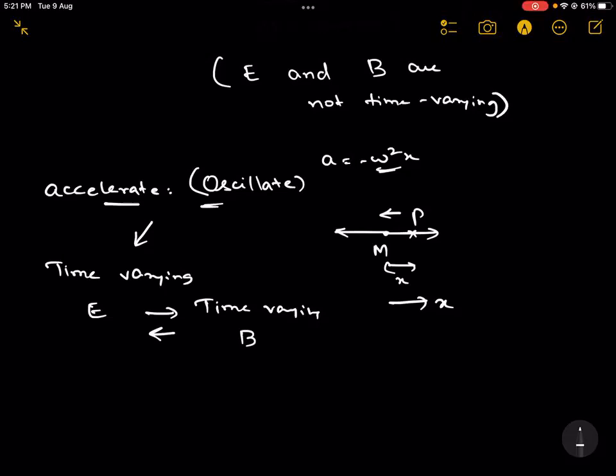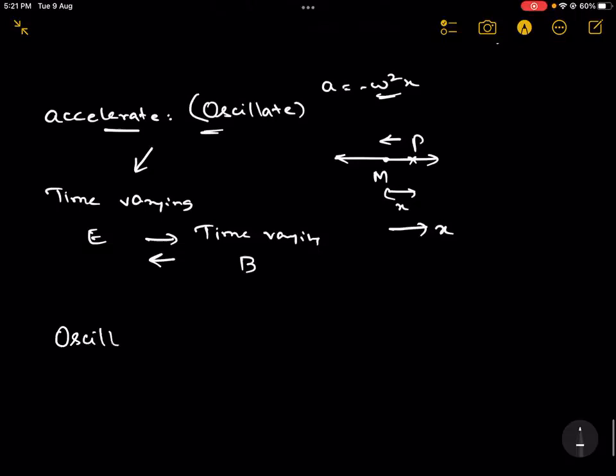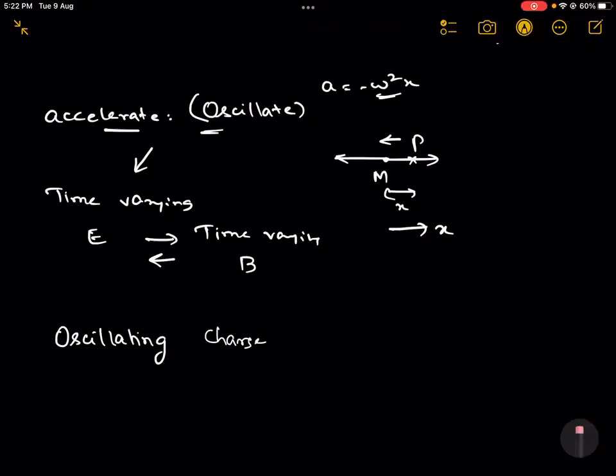The question that you can get in your exam is, what is the source of an electromagnetic wave? Your job is very simple. An oscillating charged particle, or a charged particle under acceleration, or an accelerating charged particle.